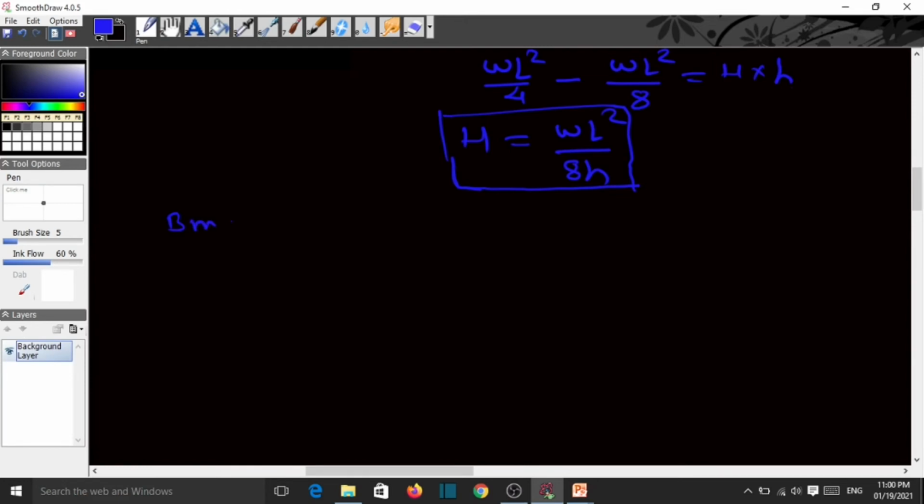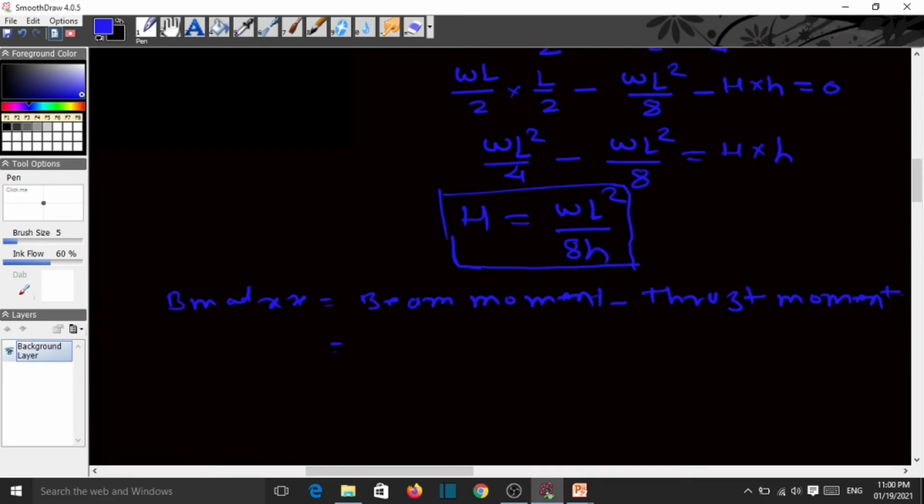Bending moment at X is equal to beam moment minus the thrust moment. Now the beam moment is how?